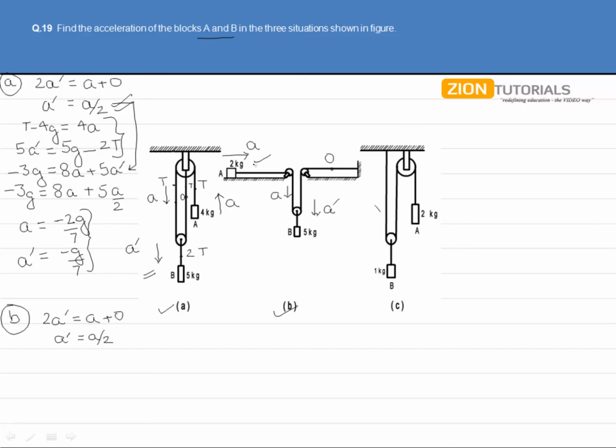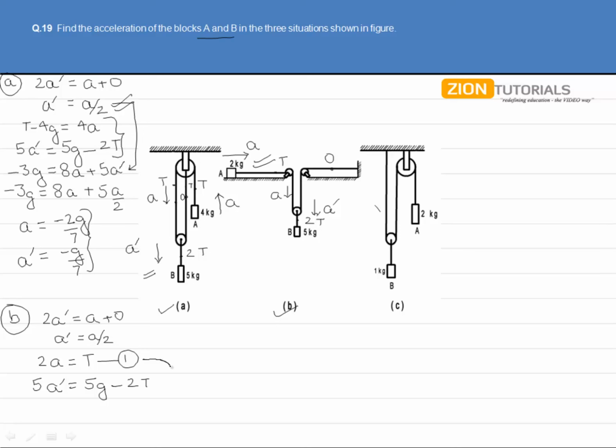Now, forming the equation for block A, if we assume the tension in the string to be T, here it becomes 2T, and we can easily write the equation for block A as mass, that is 2, into acceleration is equal to total force in its direction, that is T. Marking it as equation number 1 and forming the equation for block B, we can say that mass into acceleration is equal to total downward force minus total upward force.